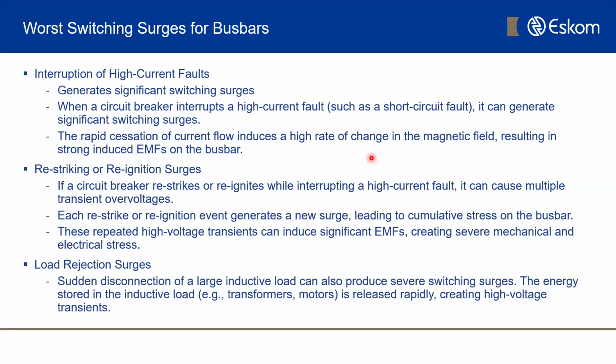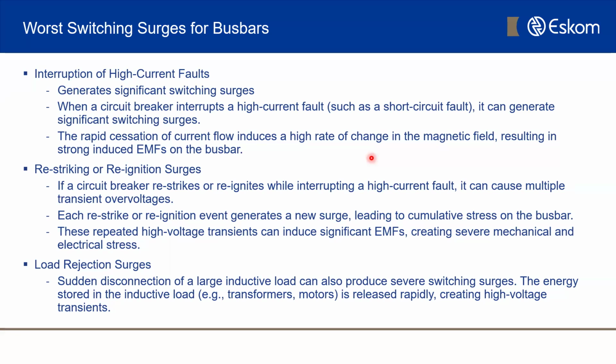So if you look at the first one, what happens is when a circuit breaker interrupts a high current fault. So for instance, if there's a lightning strike and it gets through the surge arrestor, the circuit breaker would open so it doesn't affect any of the other equipment and damage to the substation. And that is interrupting a high current, okay? And it's called a high current fault because it's not meant to be transferred over the system.